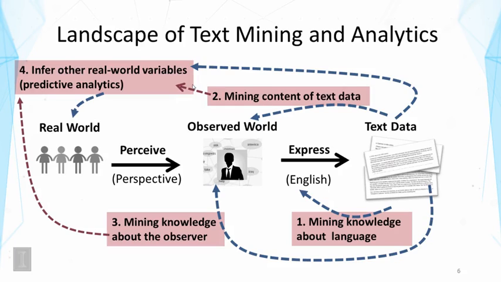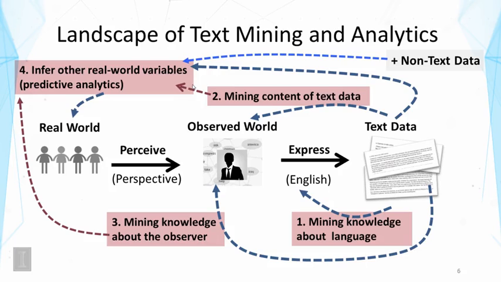And that's why here we show that the results of some other mining tasks, including mining the content of text data and mining knowledge about the observer, can all be very helpful for prediction. In fact, when we have non-text data, we could also use the non-text data to help prediction. And of course, it depends on the problem. In general, non-text data can be very important for such prediction tasks.